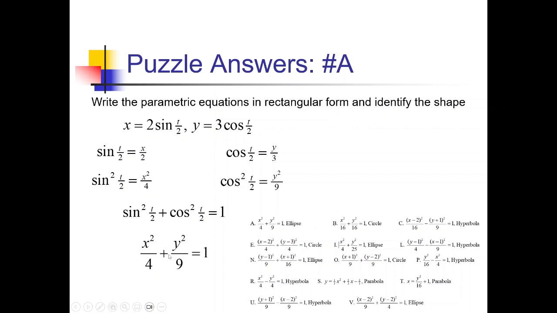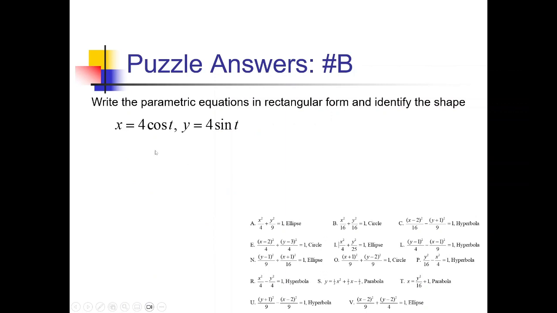We have a plus between them, so it's not a hyperbola. And the denominators are different, so this is going to end up being an ellipse rather than a circle. So this then is an ellipse. That all matches up with what I have in answer choice A. So I move on to the next one. I'm not going to keep letter A.